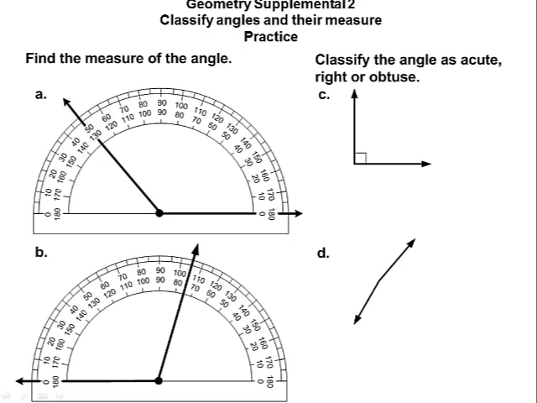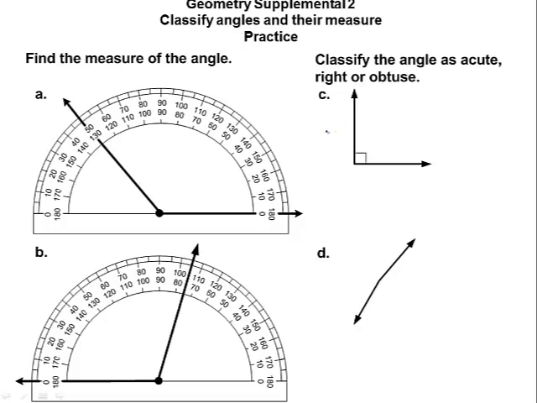So obviously you guys can't from your seats measure C and D, but you can tell obviously at this point if they're right or obtuse. So together, what do you guys think A is? I meant the measure, sorry. The actual measure. 130.